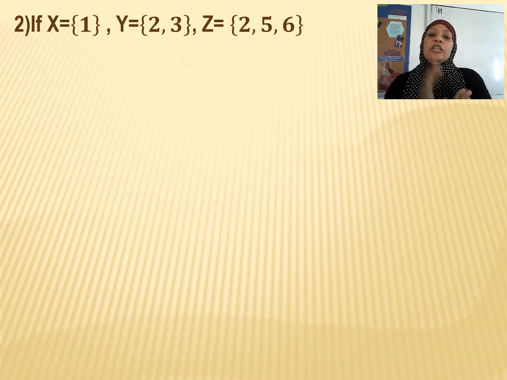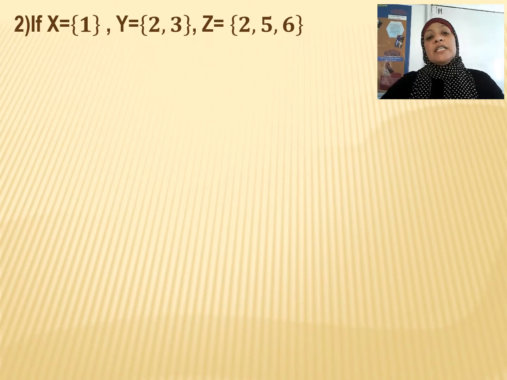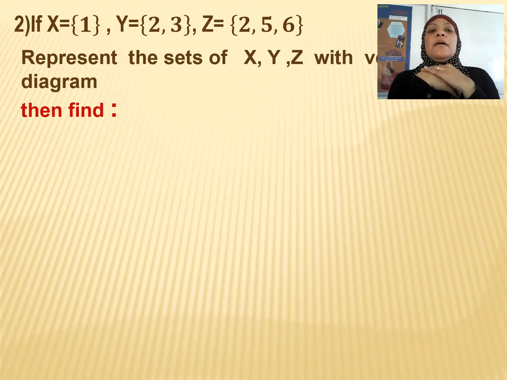What I can find just in the first set and is not found in the second set. Okay, let's revise it using this problem. For example, I give you X equals {1}, Y equals {2, 3}, Z equals {2, 5, 6}.